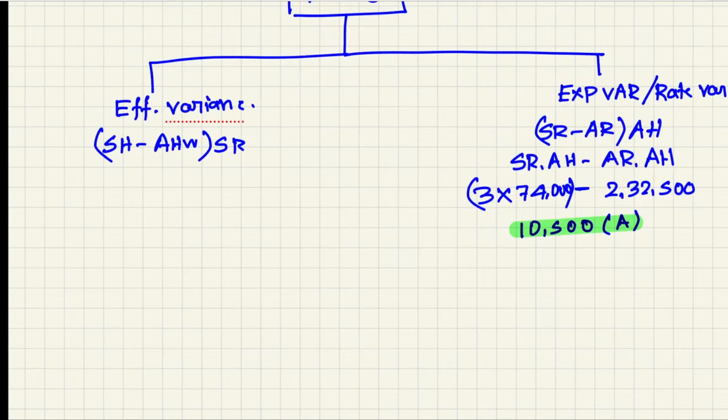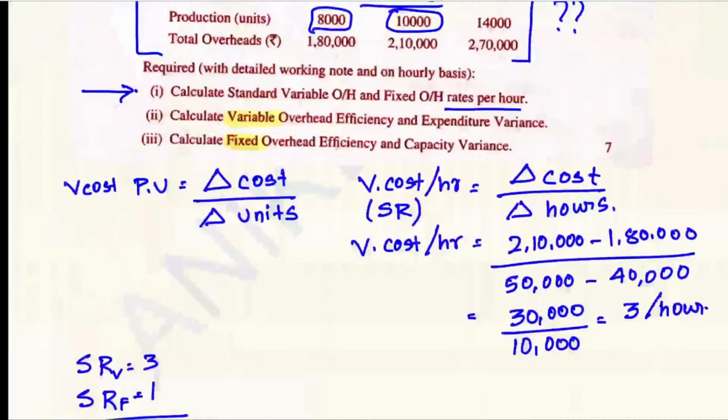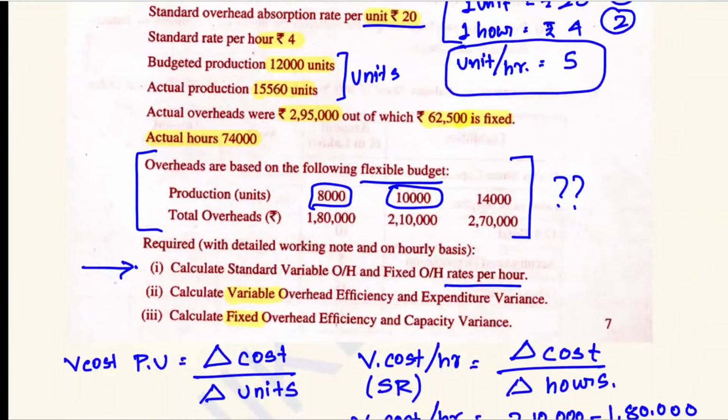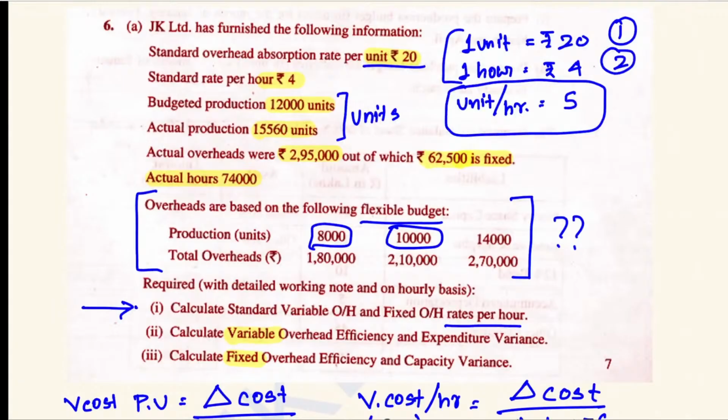Similarly, now I will have to calculate efficiency variance. In this, standard hour I have to calculate first. Okay, what is my standard hour? Or I can also take standard hour, whether it is given in the question. No. Standard hour I will have to calculate using actual production and standard hours per unit.